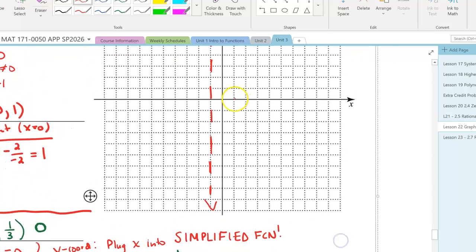So I'm going to go to 1, 2, and up 1/3, and I'm going to graph an open circle. So that's going to be a hole at 2, 1/3. And then I have a horizontal asymptote on the x-axis. Sorry about that.